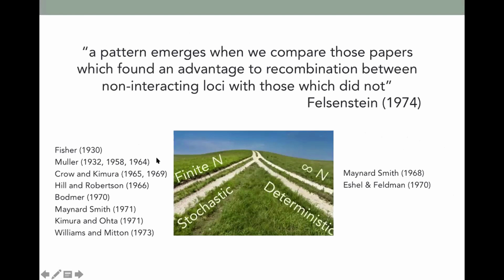In the papers and treatises that did find an advantage to sex, they tended to include stochastic factors, chance factors, including drift that would happen in a finite population. Whereas those models that don't find an advantage to sex, like the Maynard Smith one, were deterministic in nature and assumed infinitely large populations. Well, this is still a puzzle.